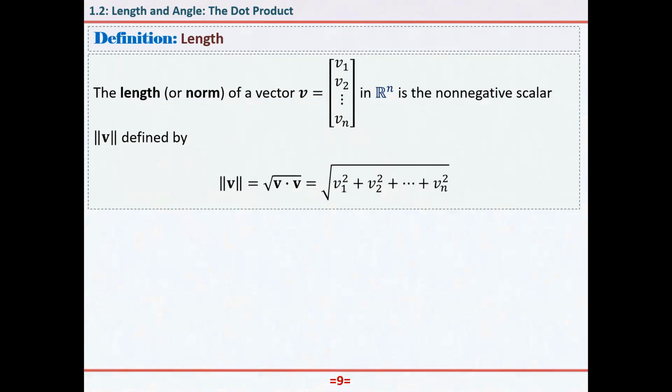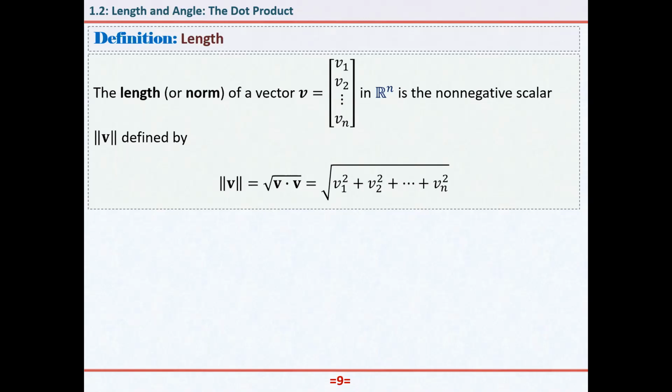Now let's talk about the length of a vector, which we sometimes call the norm. Let's say we are given a vector v from n-dimensional space.